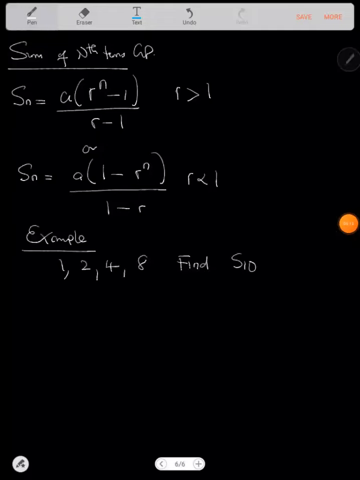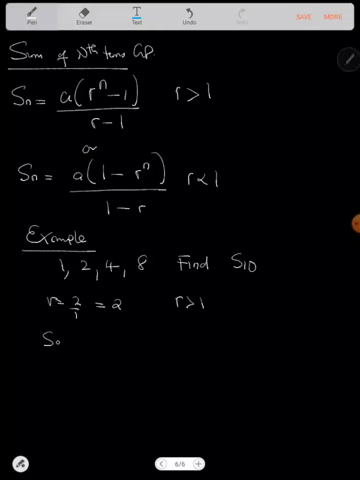Let's use this example: 1, 2, 4, 8. Let's find the sum of the first 10 terms. First, you need to find your r. And you know that our r will be equal to 2 divided by 1, which is 2. And we know that in this case, r is greater than 1. So we know which one to use when r is greater than 1.